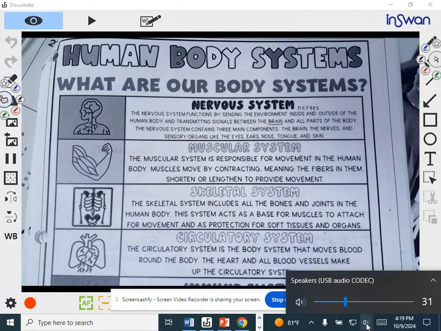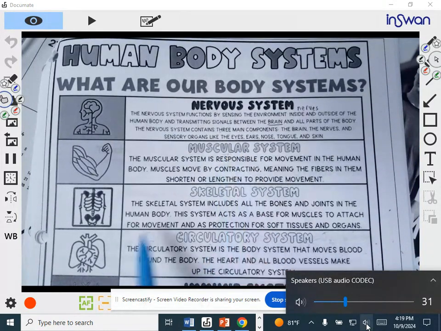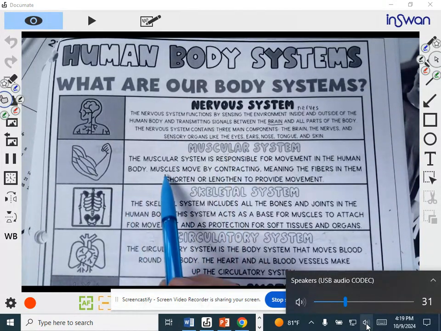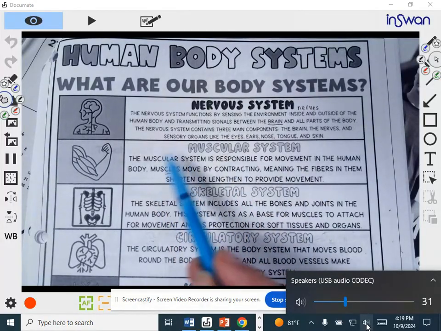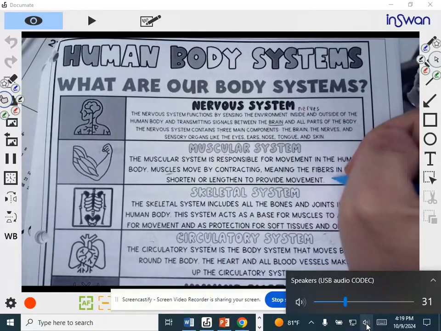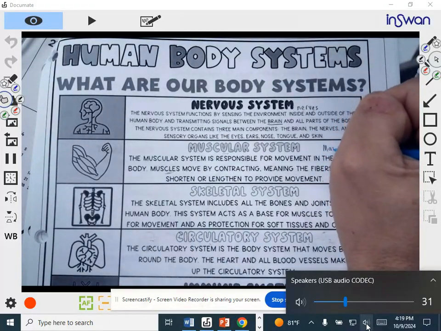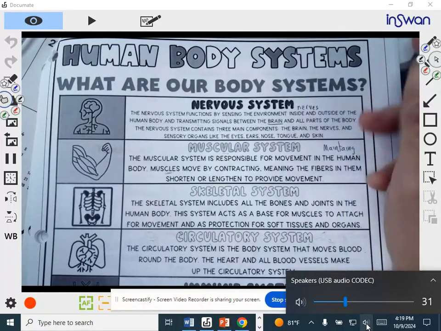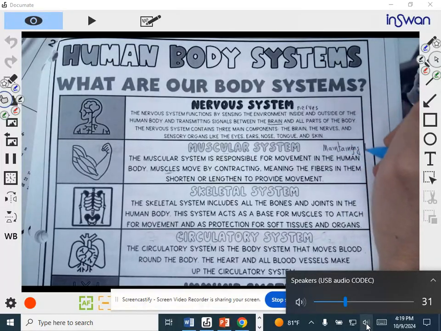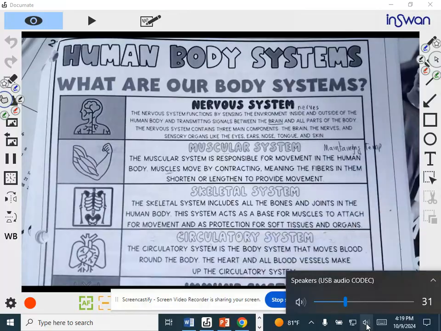They can detect stimuli, and they can send signals to your brain and to other body parts so that you can respond. Your muscular system, those muscles that allow your cells to move. And also, I want to point out, this is really important in maintaining temperature, because your muscles can generate heat, so that's going to help warm you up if you get cold.